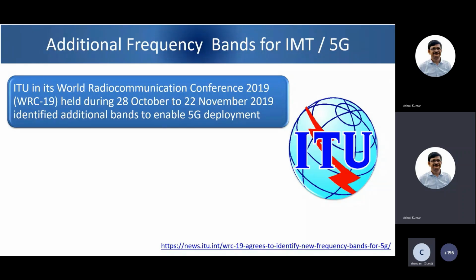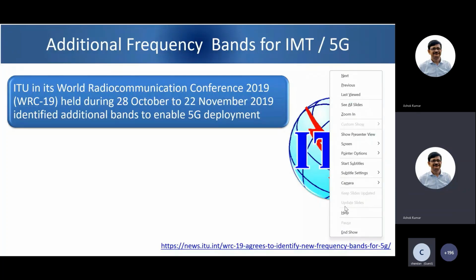Every 3 to 4 years, ITU organizes a meeting called the World Radio Conference, and in that meeting, all the member countries, more than 190 countries are members of ITU, attend. There is a lot of preparation, and in that conference they decide whether some additional frequencies are to be allocated for IMT, and they also talk about the satellite orbit and other aspects. The last WRC meeting was held in 2019.